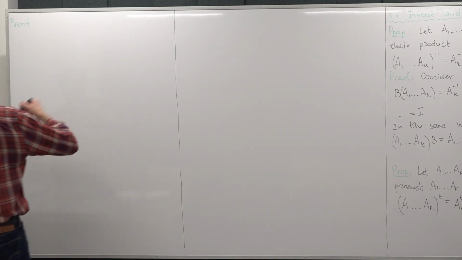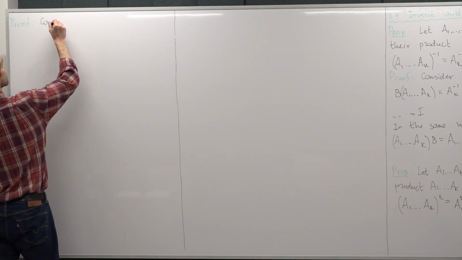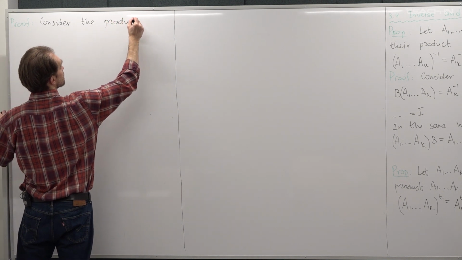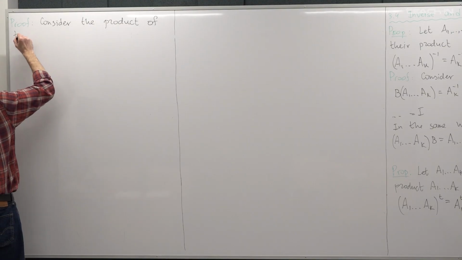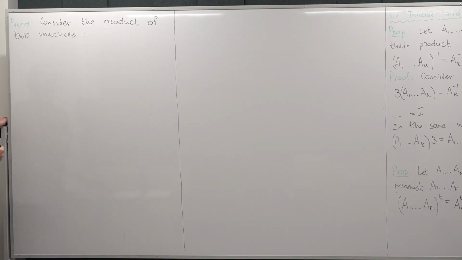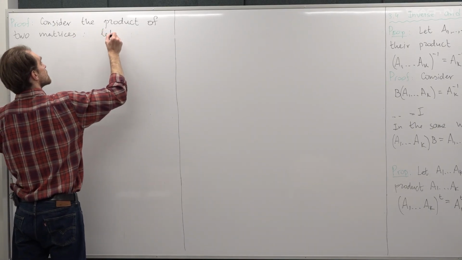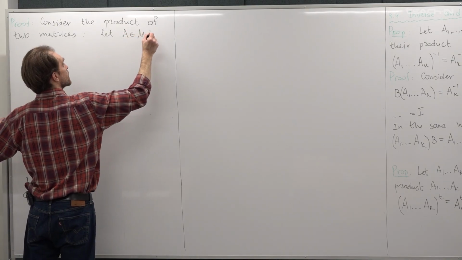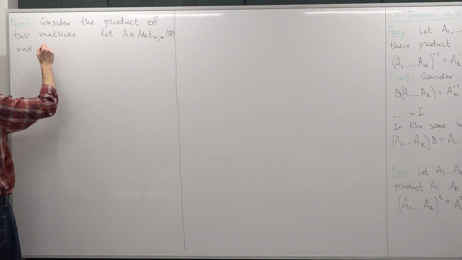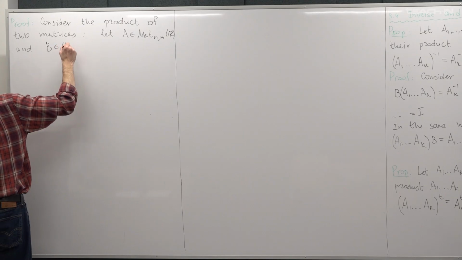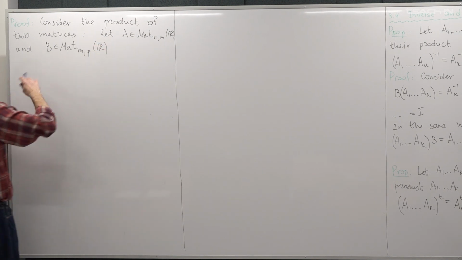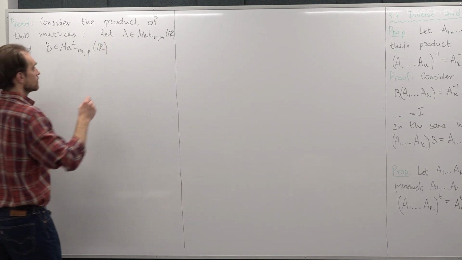Consider the product of two matrices first. Let A be a matrix with n rows and m columns, and let B be a matrix with m rows and p columns. So it is possible to multiply them in this order.